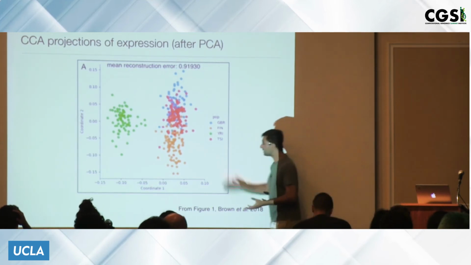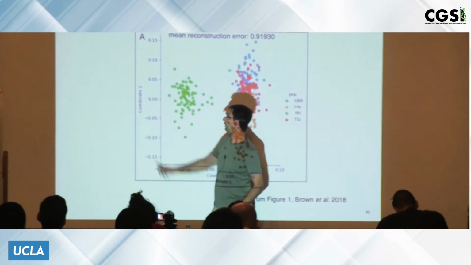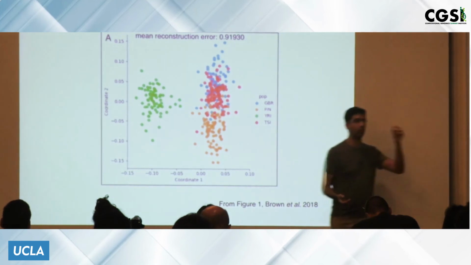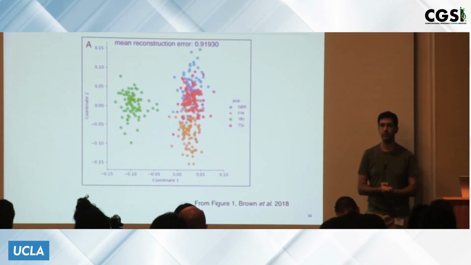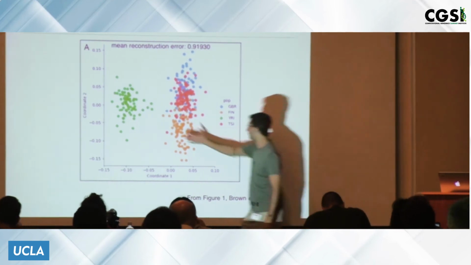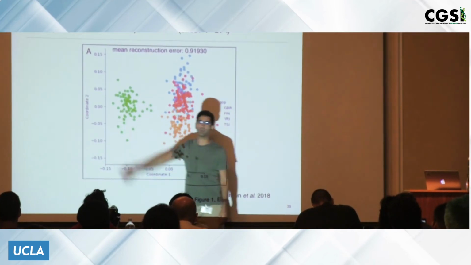And once we've done that, then we find an orthogonal direction where we again try to maximize the correlation of a projection of both the data sets in that direction. So that's what we've done here. And that produces this projection of the points.